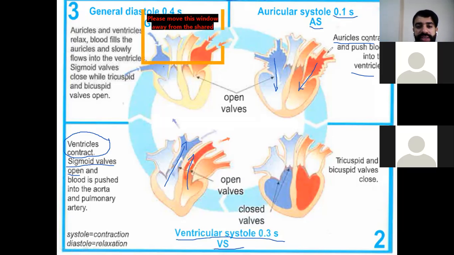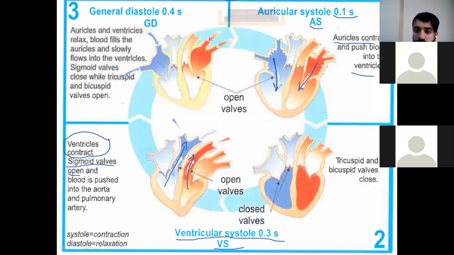Okay, so this is everything related to the auricular systole and the ventricular systole. Auricular systole, from its name, the auricles contract. Whenever they contract, they allow the flow of the blood from the auricles toward the ventricles. Bicuspid and tricuspid valves are open.